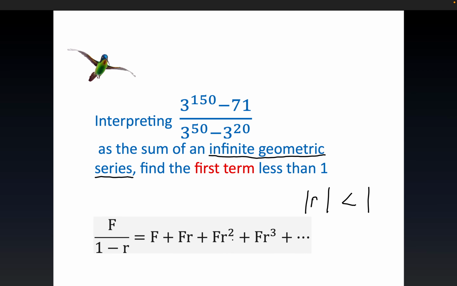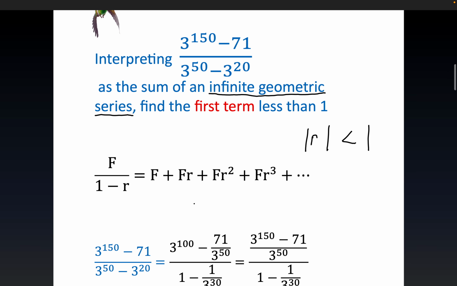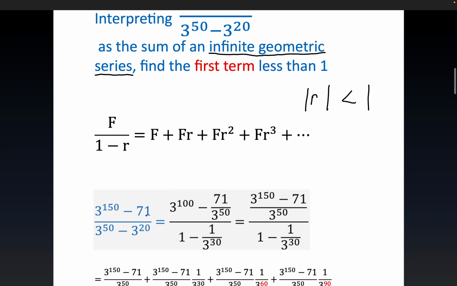So that should motivate you to make this quotient, this complex quotient, if you want to call it that, look like this, and then you'll know what the infinite geometric series looks like, and you'll be able to answer the question in a fairly direct fashion. Now, I do that right down here. If you'll notice, folks, what I did, you need a 1 in this position, so I divided top and bottom by 1 over 3 to the 50th power.